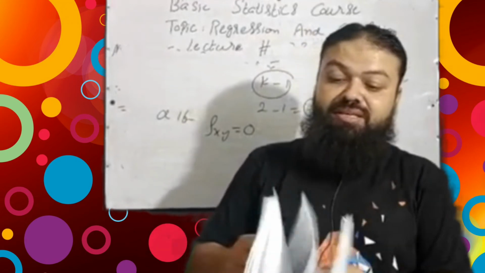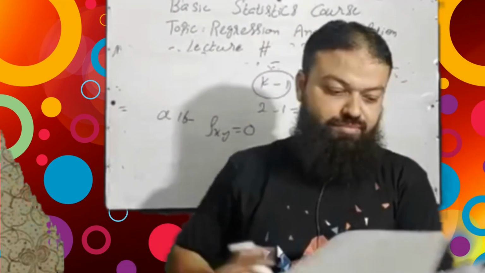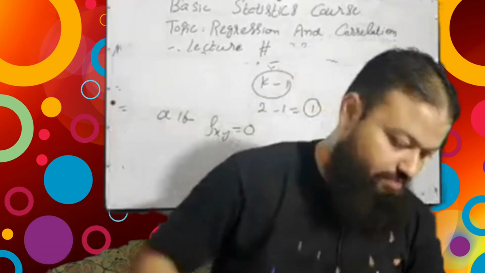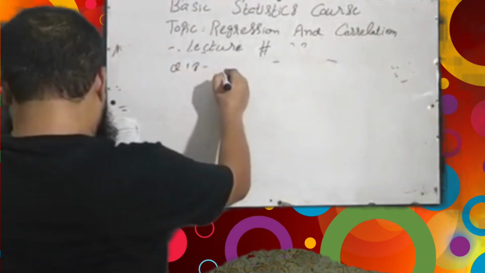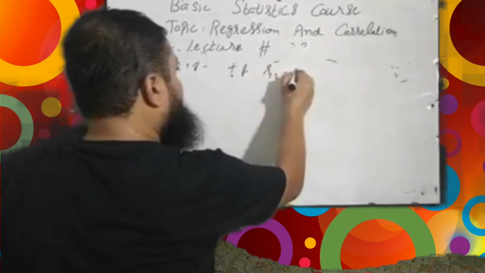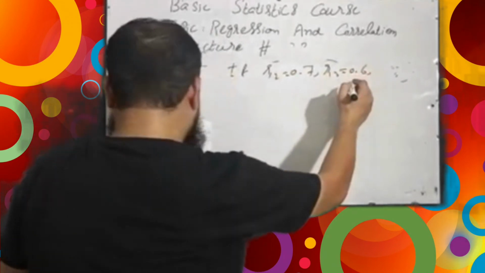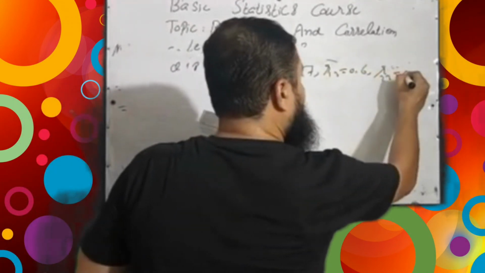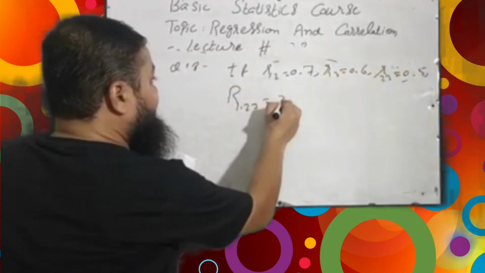Now question number 18. If R12 is equal to 0.7, R13 is equal to 0.6, R23 is equal to 0.5, then multiple correlation coefficient you will have to calculate.